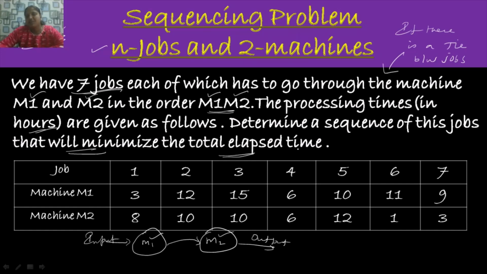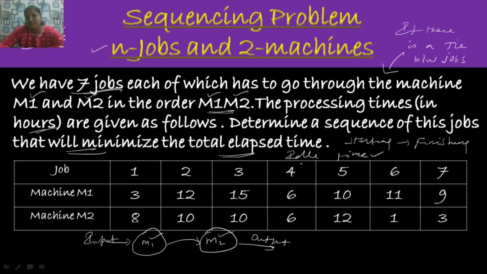The elapsed time is the time interval between starting the first job and finishing the last job, including the idle time if any. Idle time is the time for which the machine doesn't have any job to process.